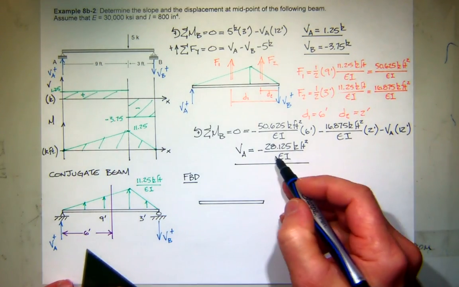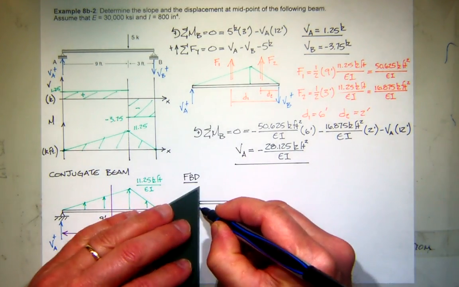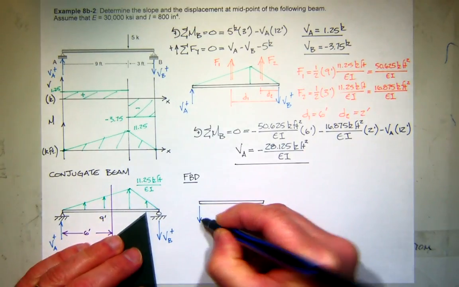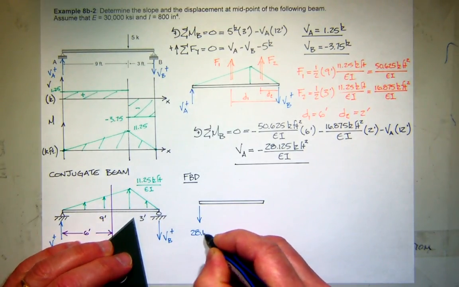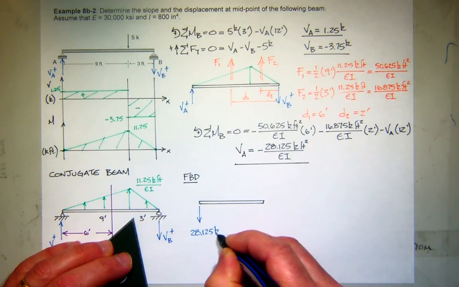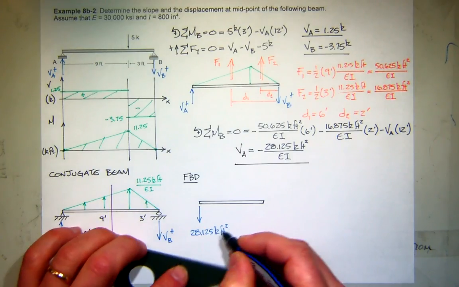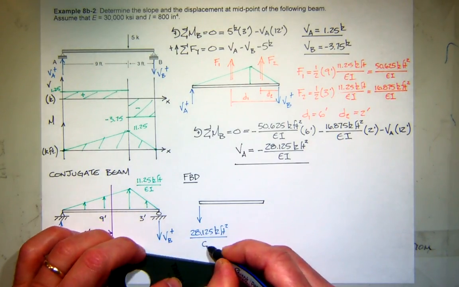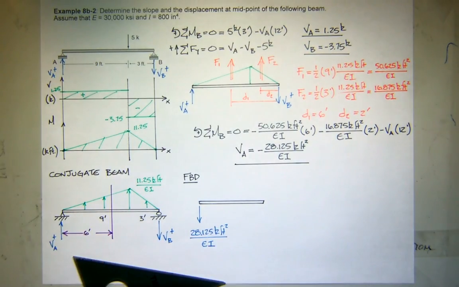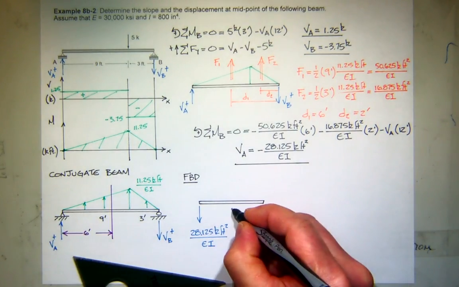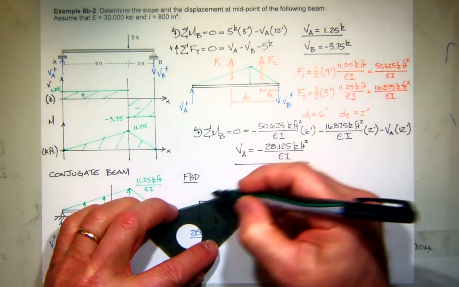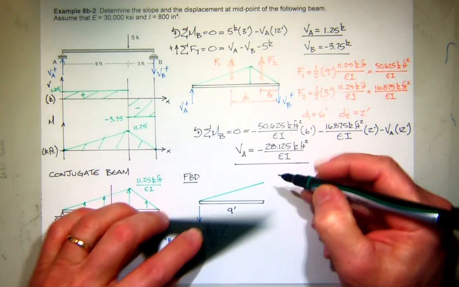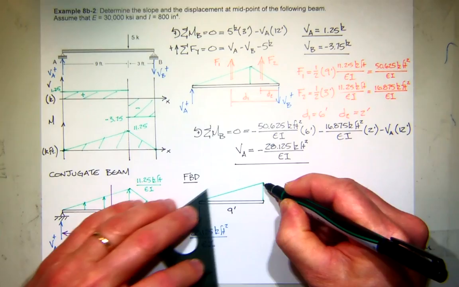The shear at A is negative, which means it's actually down, and has this value of 28.125 kip feet squared over EI. This distance is 9 feet. Then I have the load, which is triangular, and it's still acting up.